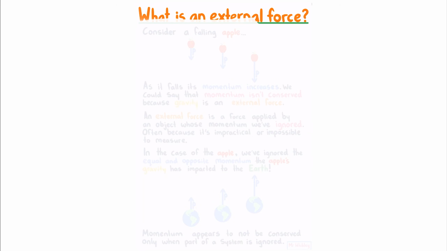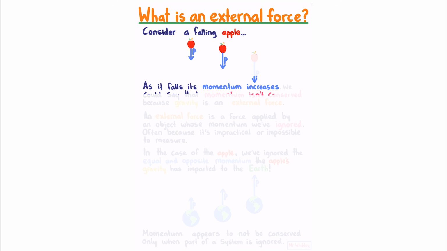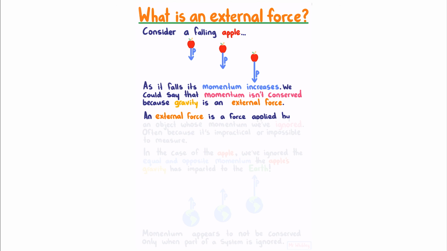What is an external force? Consider a falling apple. As it falls, its momentum increases. We could say that momentum isn't conserved because gravity is an external force. An external force is a force applied by an object whose momentum we've ignored, often because it's impractical or impossible to measure.